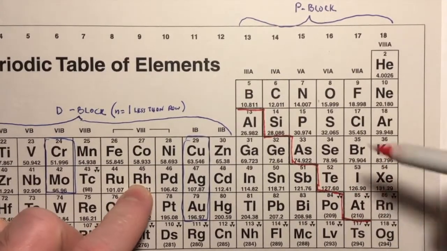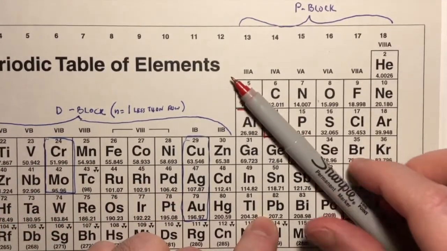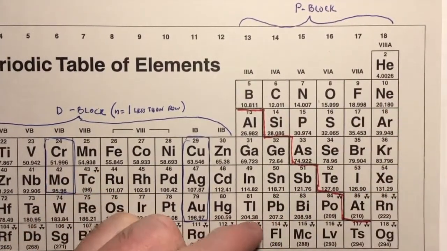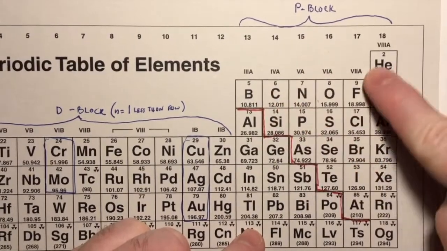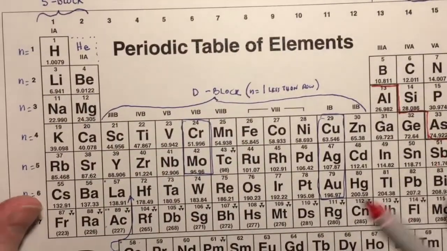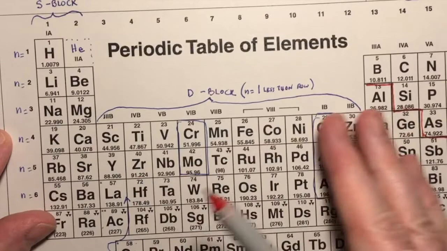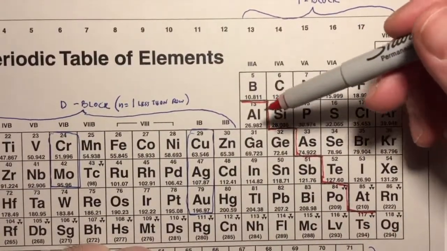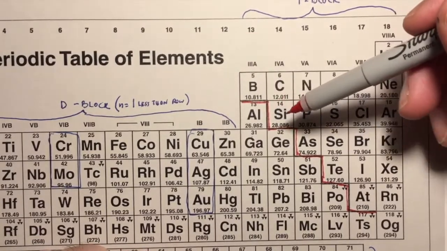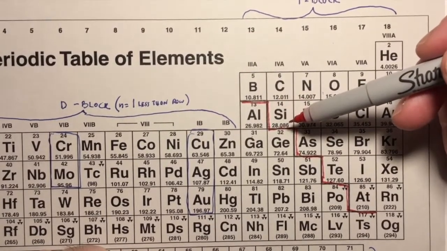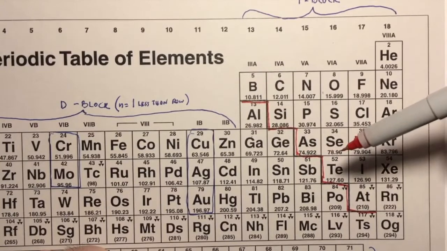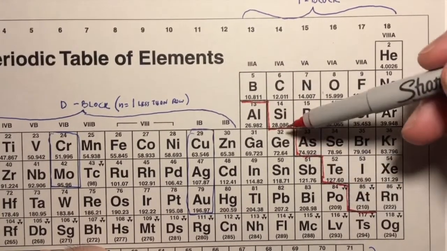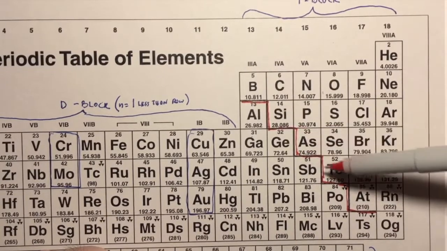The significance of this line is that it basically separates the nonmetals, which are to the right of those stairs, from the metals, which are generally to the left of those stairs. So yes, there are distinctions to be made about metalloids, for example, silicon and germanium and arsenic and so forth. There are some metalloids along this line, but we're not going to dive into those subtleties right now.